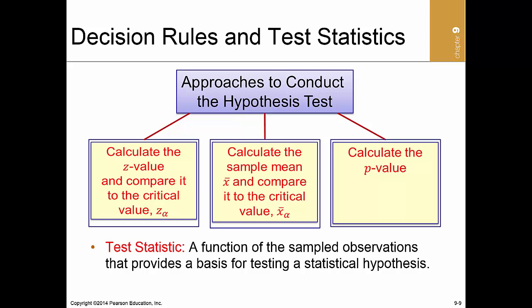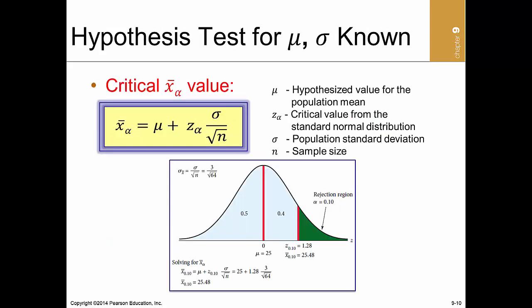To calculate critical values corresponding to a chosen alpha, we need to know the sampling distribution of the sample mean x bar. So if our sampling conditions satisfy the central limit theorem requirements, or if the population is normally distributed, and we know the population standard deviation sigma, then the sampling distribution of x bar is normally distributed with an average equal to the population mean mu and a standard deviation sigma divided by square root n.